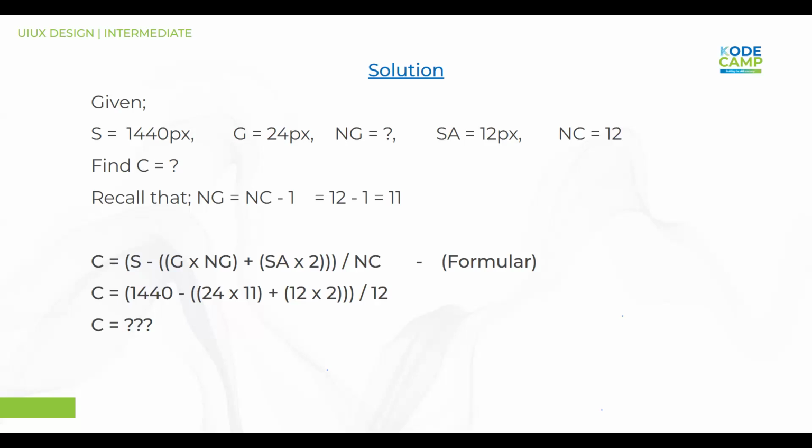When you want to apply BODMAS, you go with the bracket first. So the brackets are 24 by 11. When you sum both brackets, which is 24 by 11 plus 12 by 2, that's 288.